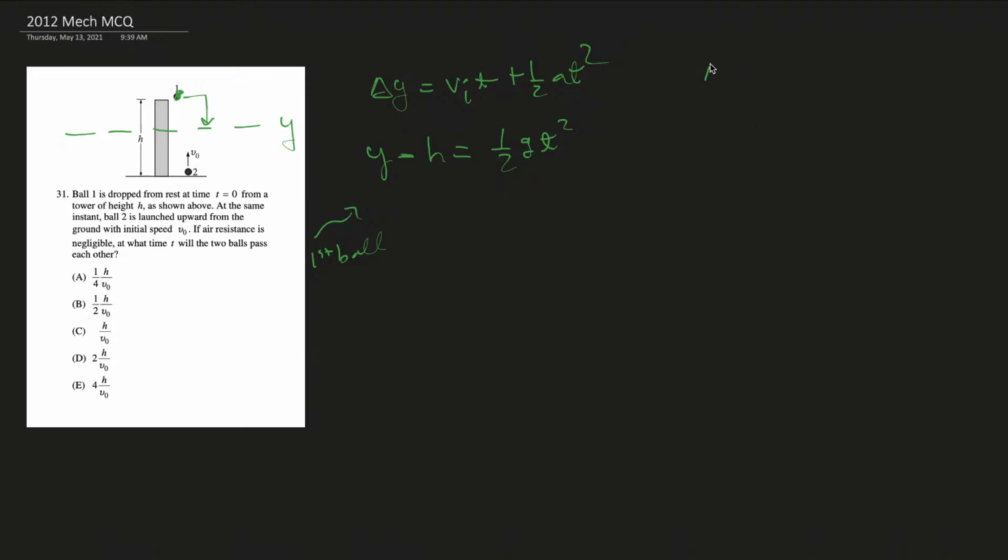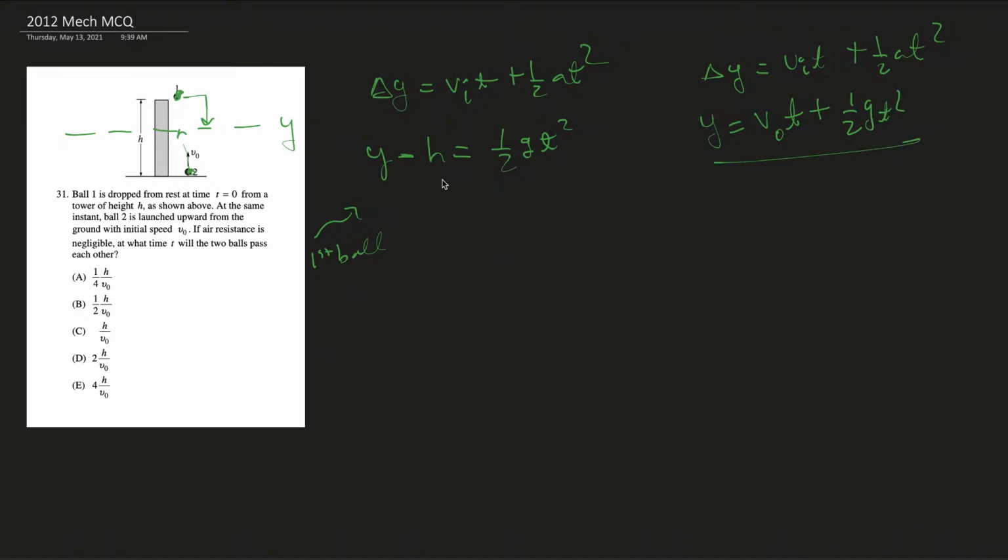So let's do the same equation for the second ball now. When it goes from here to here, the change in height, we started with 0 and we went to y, so we do final y minus initial y. Final y is just y, initial y is 0, so we can just say y is equal to v_i t. This does have initial velocity, plus 1/2 g t squared.